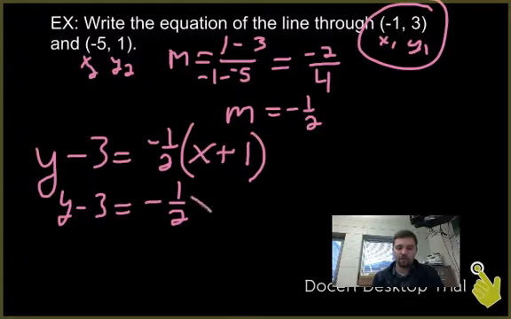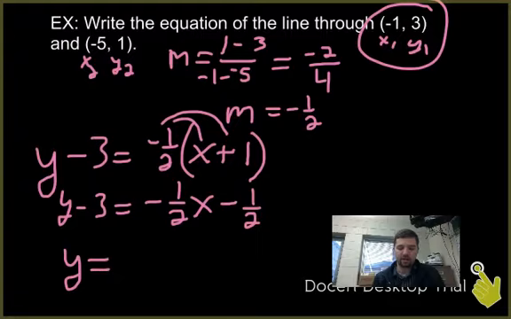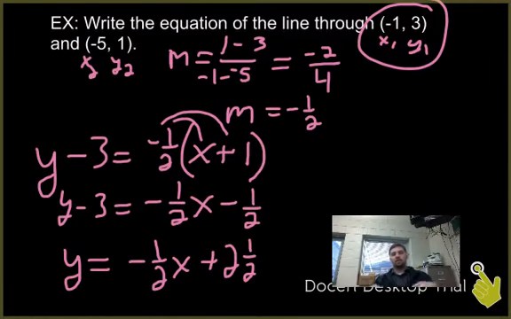Negative 1/2 times 1, I think, is going to be minus 1/2. Okay, and if I add 3 to both sides, this is y equals negative 1/2 x plus 2.5. Negative 1/2 plus 3 is 2.5. That's the equation of the line in slope-intercept form through those 2 points.